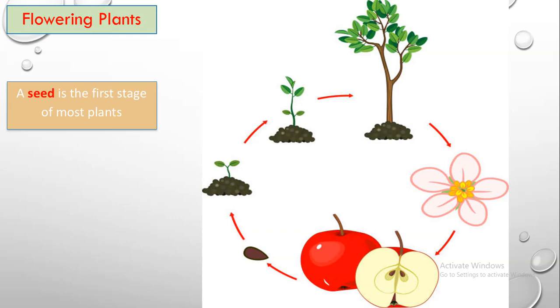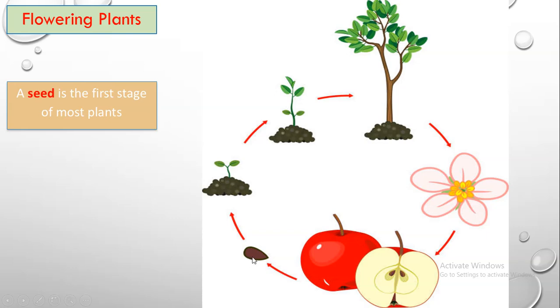Now, let's start with flowering plants and take an apple tree for an example. As you can see, this is the seed, and this is the first stage of a flowering plant life cycle. And you can find the seed inside the fruit.